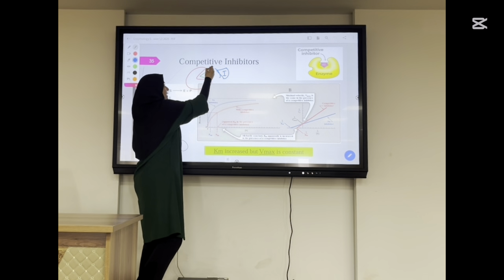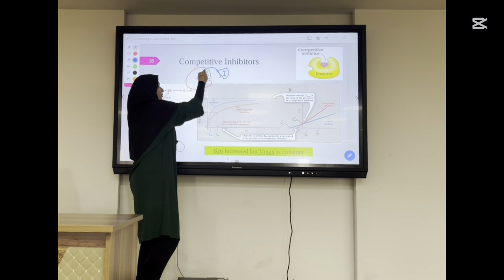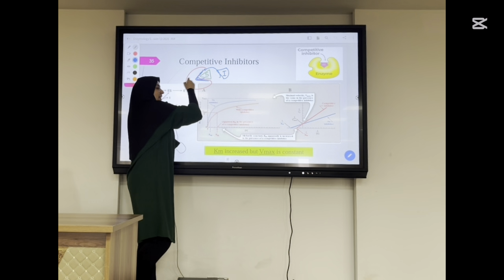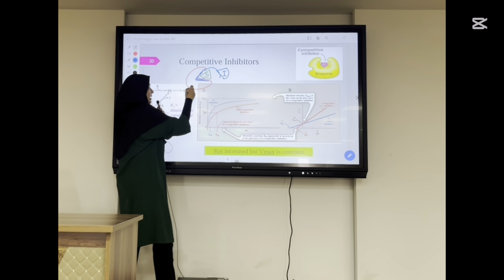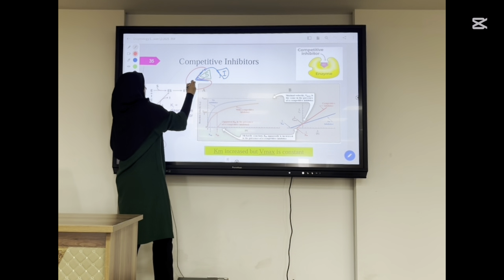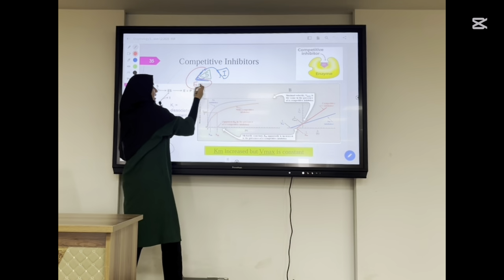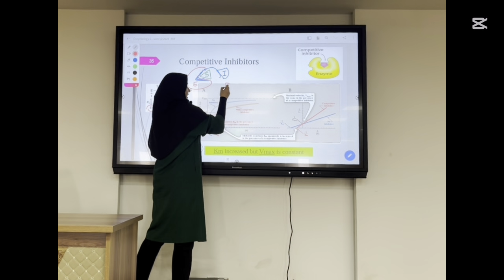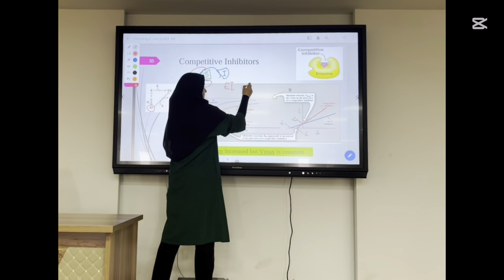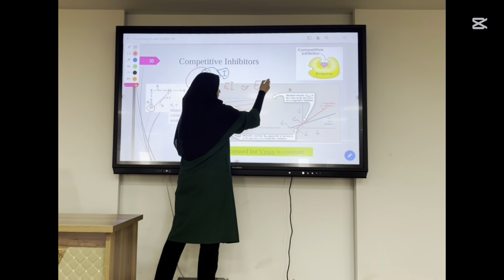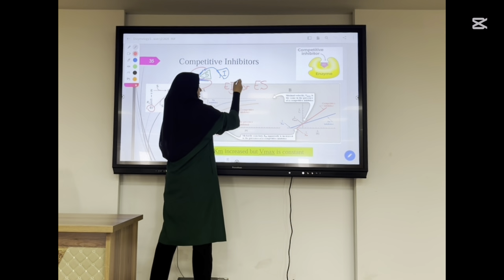They compete with each other for sitting in the active site. Is it clear? So sometimes it is the EI form or the ES form, depending on the concentration of the inhibitor.